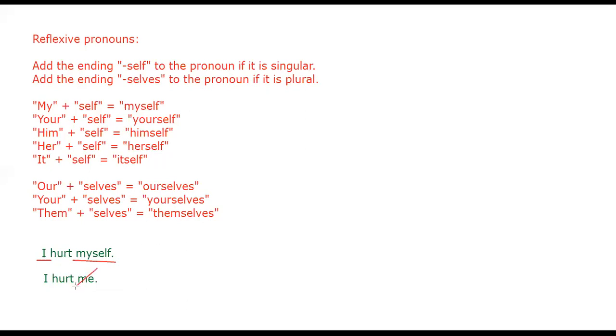Since the subject is the same as the direct object here, we have to use the reflexive to refer back to ourselves. I hurt myself, not I hurt me. But be careful with how you use myself. Do not use it like this. Some people do this, but don't do this.